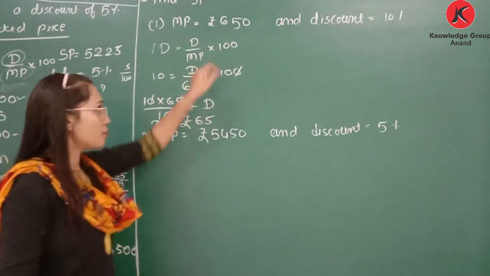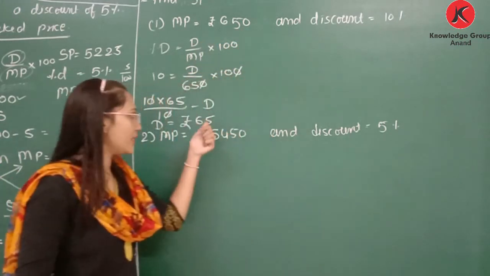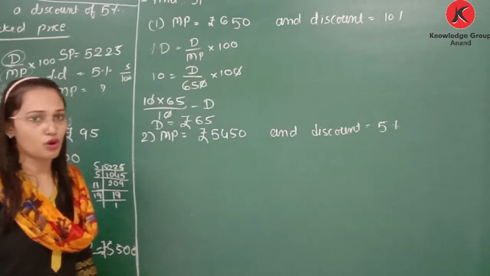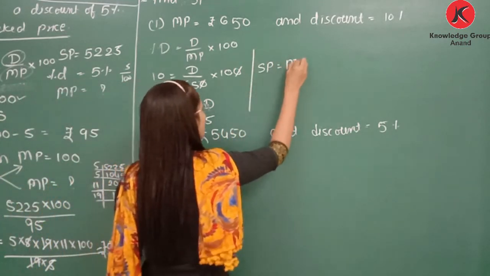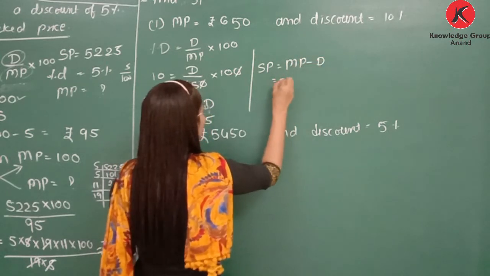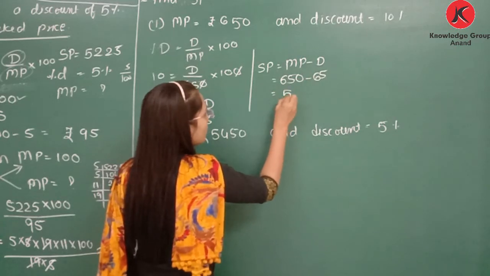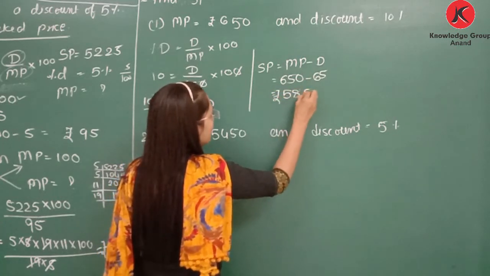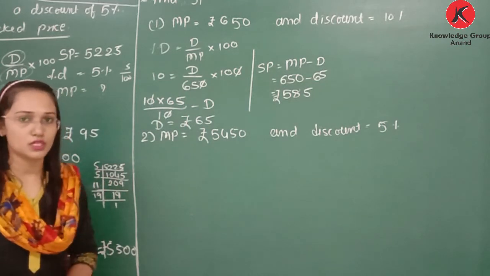It means when market price is 650 and discount is 10%, you need to pay 65 rupees less on the market price. So selling price will be market price minus discount. So 650 minus 65, that is 585. You need to pay only 585 rupees if discount is 10%.